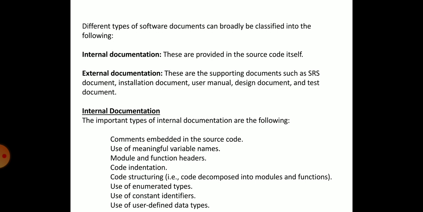So internal documentation is the code comprehension features provided in the source code itself. And this documentation can be provided in several forms: comments embedded in the source code, use of meaningful variable names, module and function headers, code indentation, code structuring, use of enumerated types, use of constant identifiers, and use of user-defined data types.